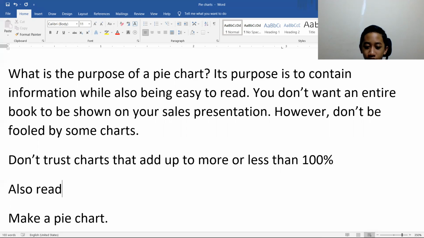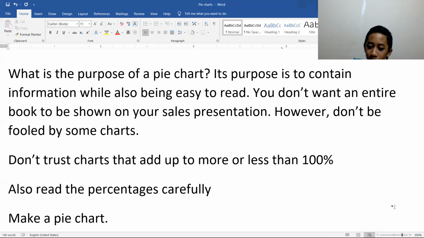Also read the percentages carefully. Why? Because someone could just alter the shape of the pie, put the real percentage on it, and then the percentage doesn't fit, like 5% getting half, and the 50% getting a quarter of the pie, and then the 45% also getting a quarter of the pie.